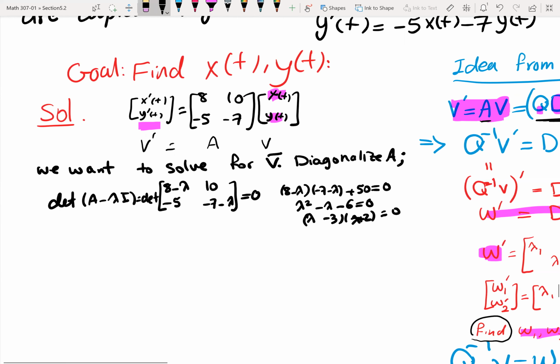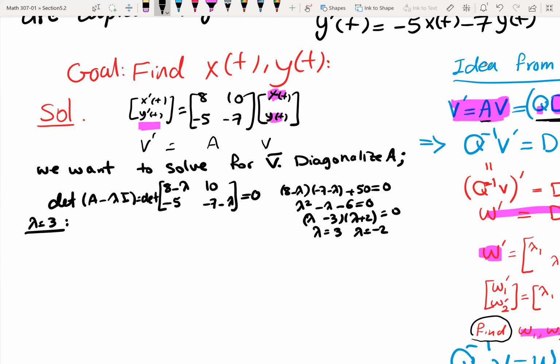That gives me lambda minus 3 and lambda plus 2. So one is lambda equals 3, the other one is lambda equals negative 2.